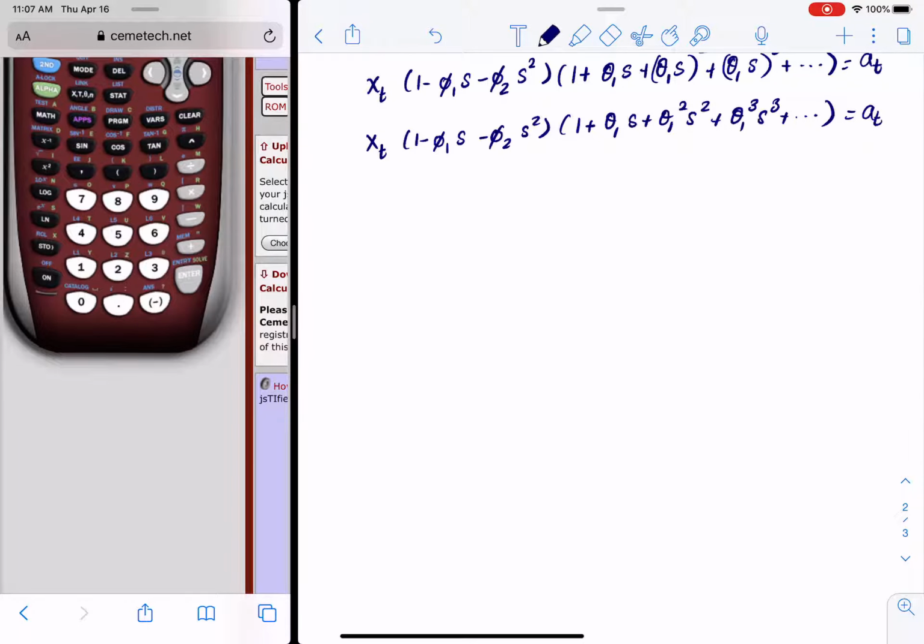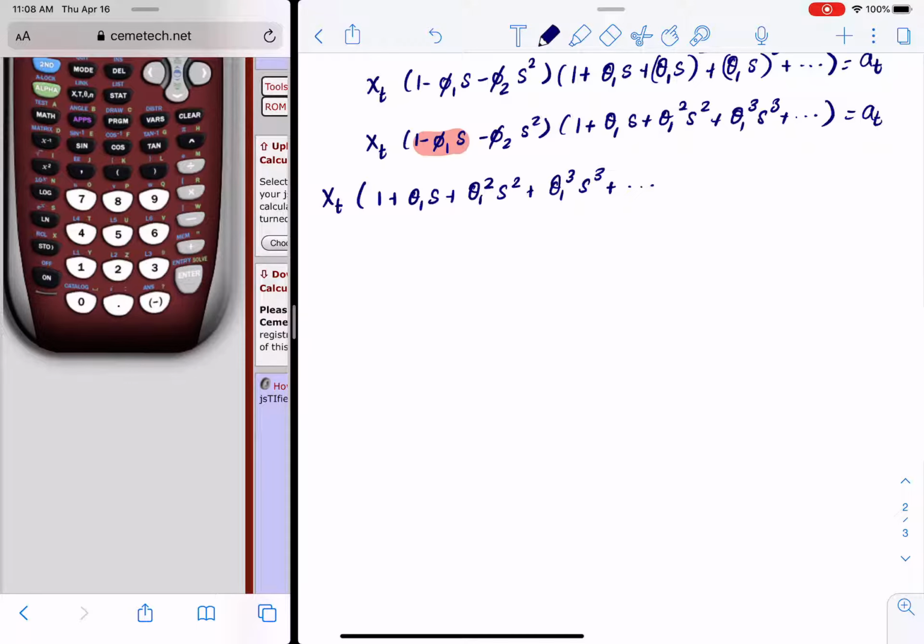Now I'm going to FOIL things out. So I would have x_t times that expression, which is simply the first term 1 multiplied by the entire expression involving thetas. And I'm going to distribute the second term in with the expression.